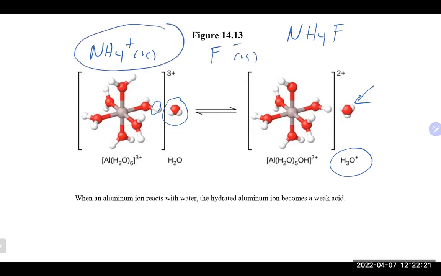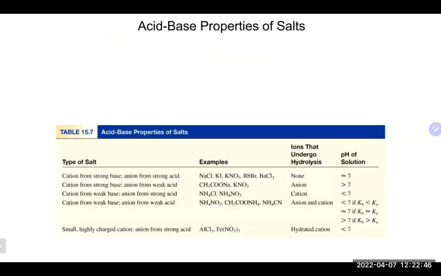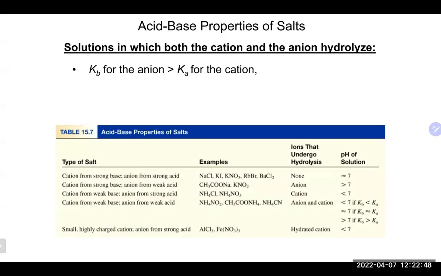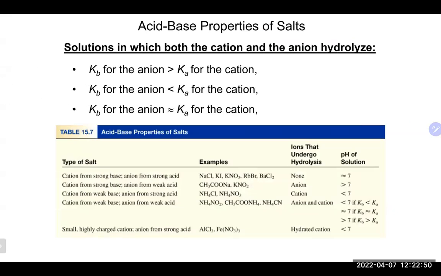So as we just saw, the NH4 plus will go through hydrolysis, right? And the F minus will also go through hydrolysis, right? As we saw earlier as well. So it is potentially possible that you could end up with a salt where both parts will go through a hydrolysis reaction, as opposed to what we've been seeing, where really just one part of it goes through it.